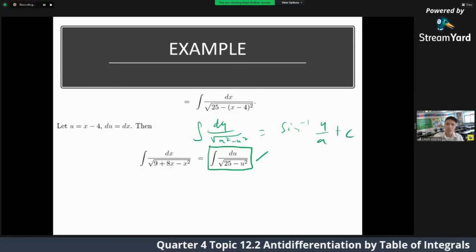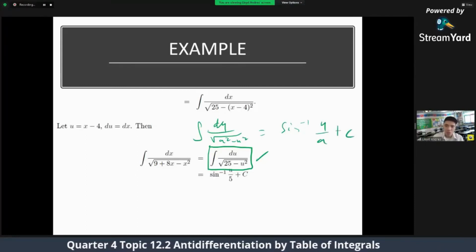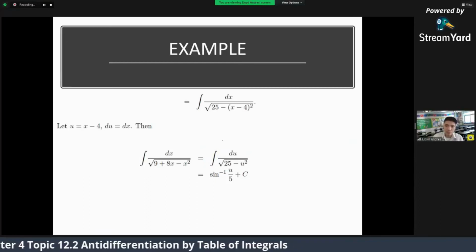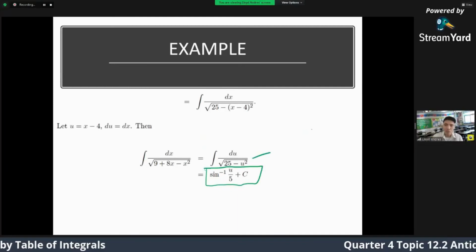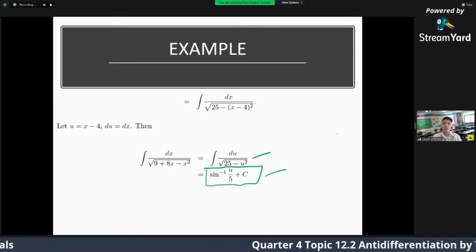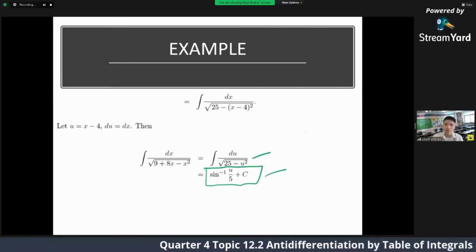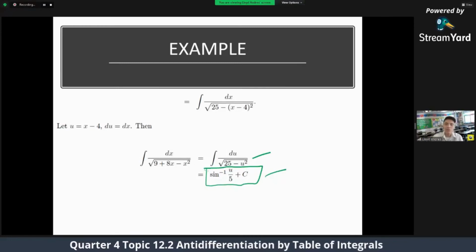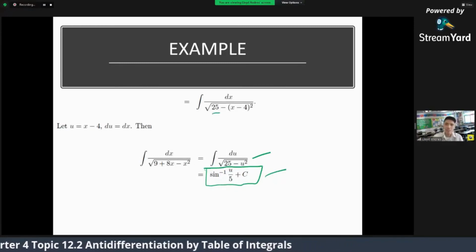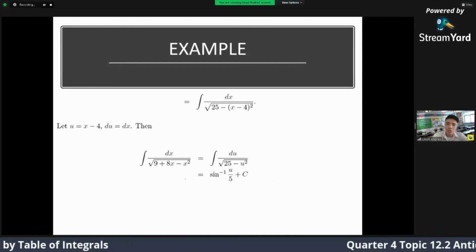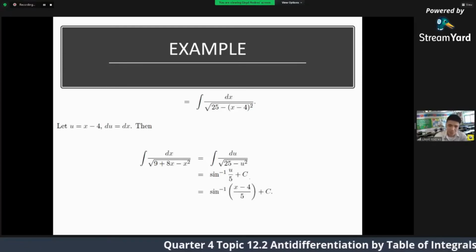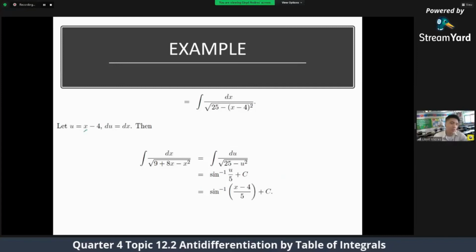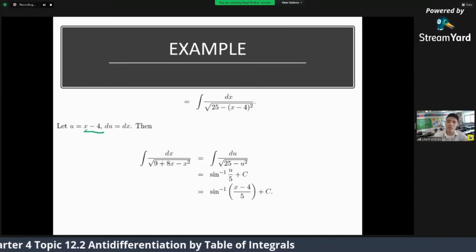So we can now write it as inverse sine of u over 5, since a is 5, plus c. Then lastly, substitute back the original expression for u, which is x minus 4.